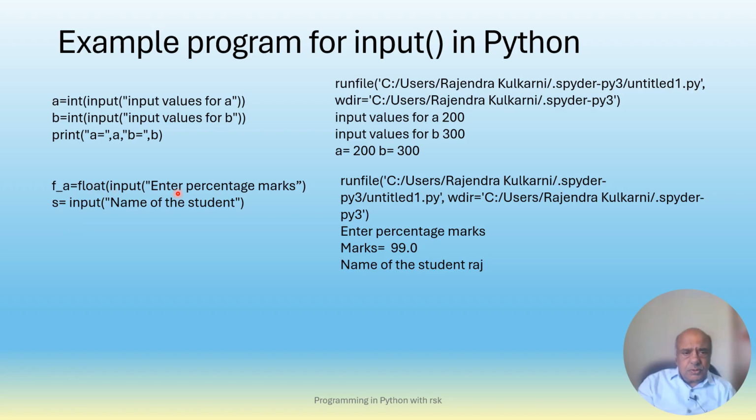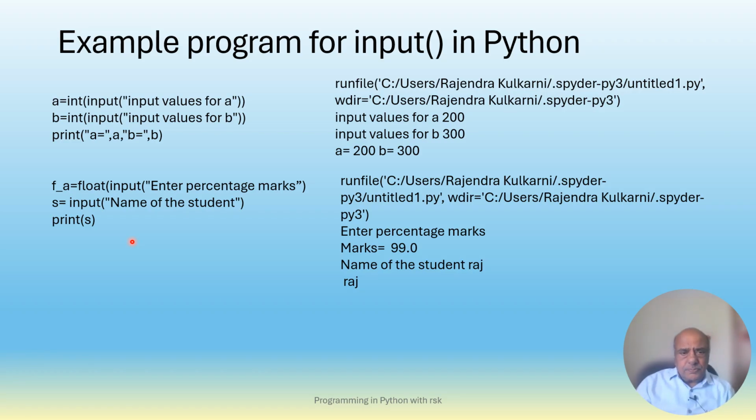This input function causes enter percentage of marks, whatever is written in the bracket here, to be output to the console. This is a prompt given by the program to the user to input the desired value. Then I entered 99 as the percentage of marks.